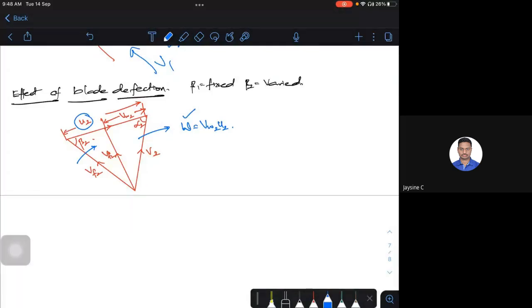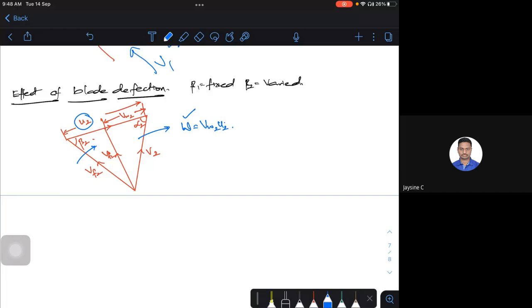Work done gets affected because of the changes in my deflection angles, that is, blade angle beta 2. That will have an impact on your work requirement. So I can easily calculate VW2 depending on my work and U2.